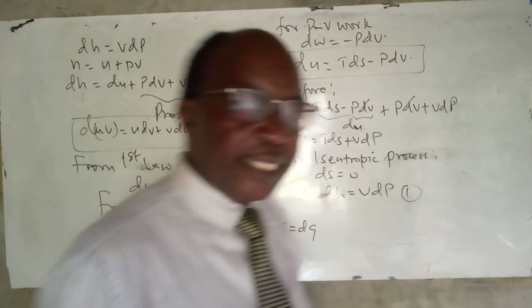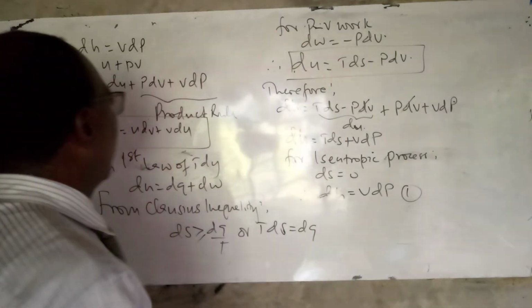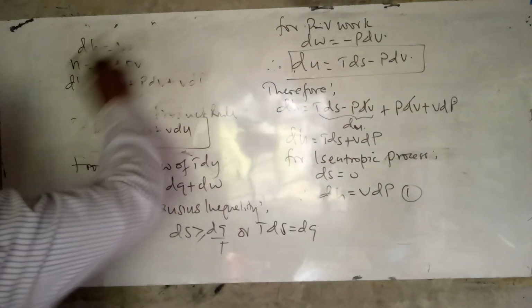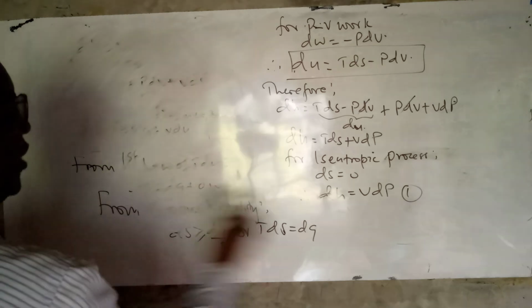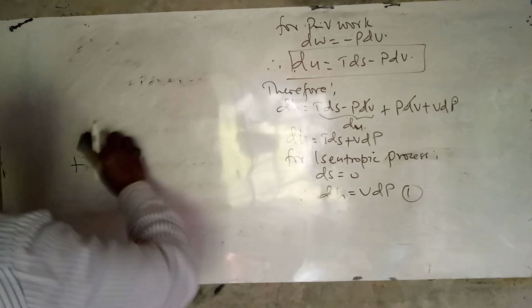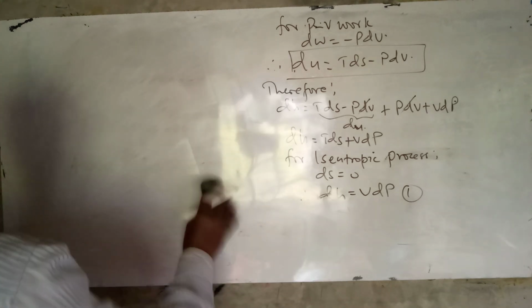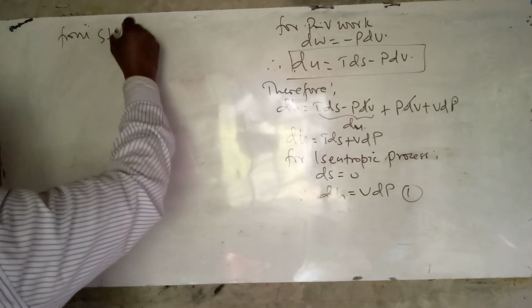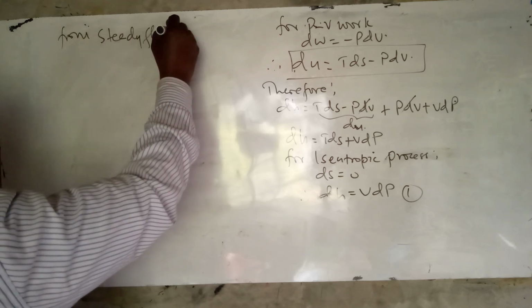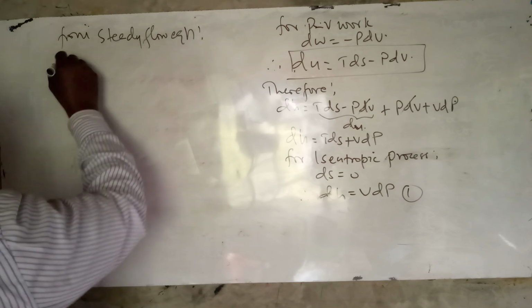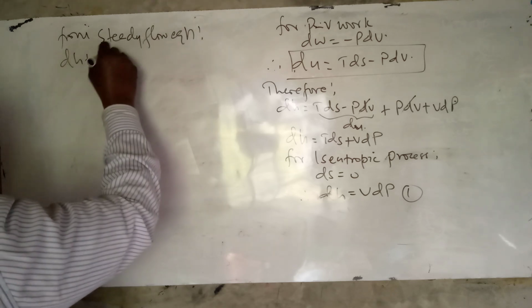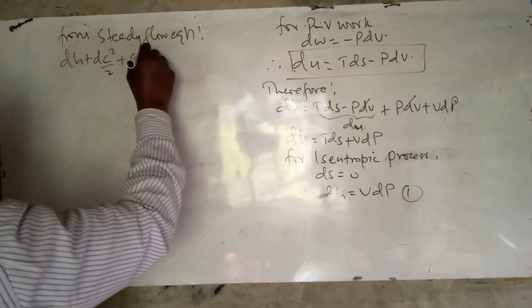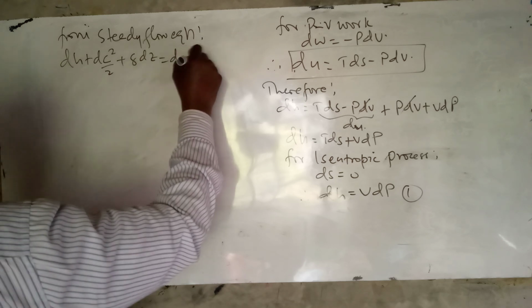So going back to our steady flow equation, and I continue encouraging you to go through our earlier lectures systematically. From our steady flow equation, we have dH plus d(c squared) over 2 plus g dz is equal to dq plus dw.